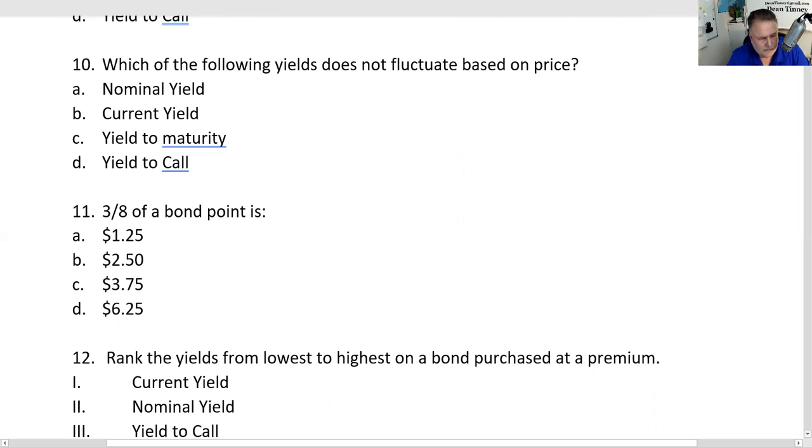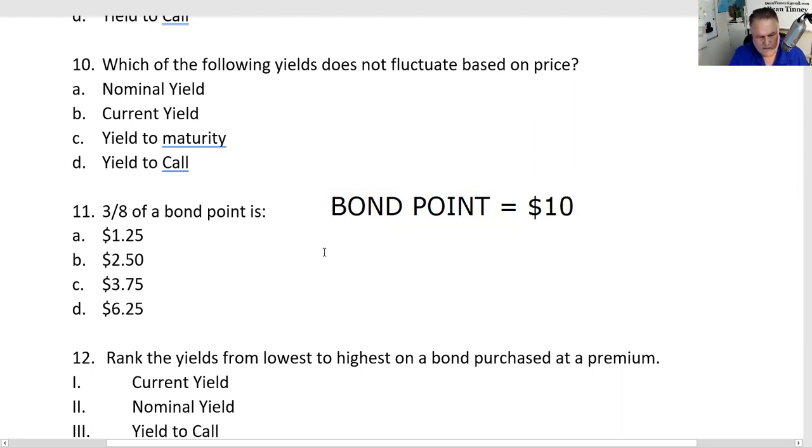Corporates and munis, a test question, are trading in eighths. So the minimum spread I'm ever going to make as a bond desk is an eighth. And so what you have to be able to learn for the test is to turn that into dollars. To do this, the first thing you've got to know is that a bond point is $10. Let me get out my text box here. That's 1% of par.